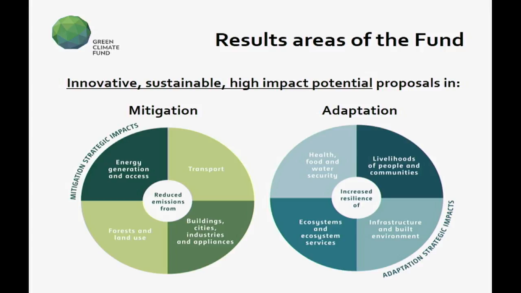In terms of result areas of the fund, as I mentioned, we have mitigation and adaptation, and the fund seeks innovative, sustainable, high impact potential proposals in these two areas. In mitigation, we have energy generation and access, transport, building cities, industries, and appliances, and forests and land use.